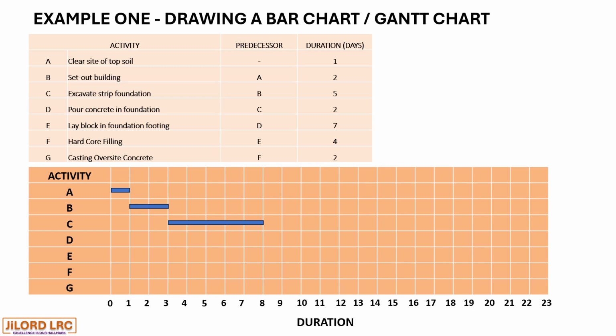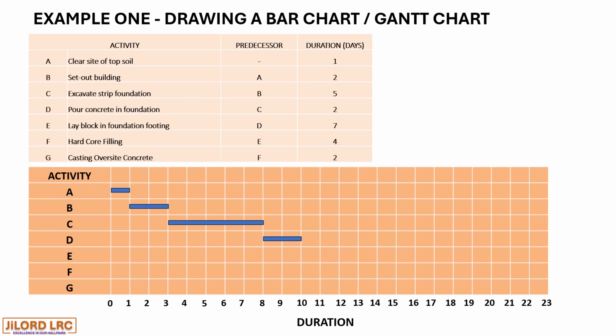Activity D, which has a predecessor as C, commences at the end of activity C with a duration of 2 days, being 8 plus 2 making 10. So activity D starts from 8 with a duration of 2, it gets to 10.